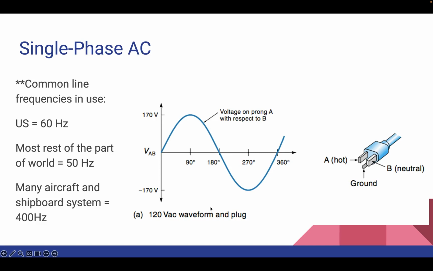It's important to note that the power company typically maintains the voltage of prong B at ground level. This prong B serves as both the return path for the current and is physically connected to a metal rod which is driven into the earth.